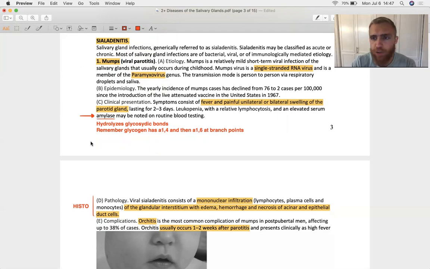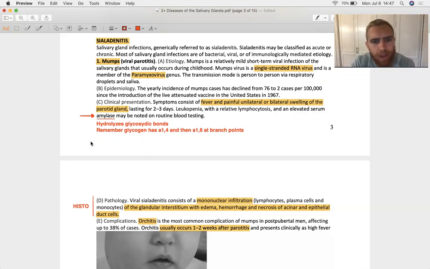What does amylase do? It cuts glycosidic bonds. And I just want to remind you that there are alpha and beta glycosidic bonds. A glycosidic bond is just any oxygen that's linking two 6-carbon or 5-carbon or however many carbon sugars together. It's a bond between sugars. If it's an alpha glycosidic bond, then it's got both hands up like that, remember? If it's a beta glycosidic bond, then it's got one hand up and one hand down like that.